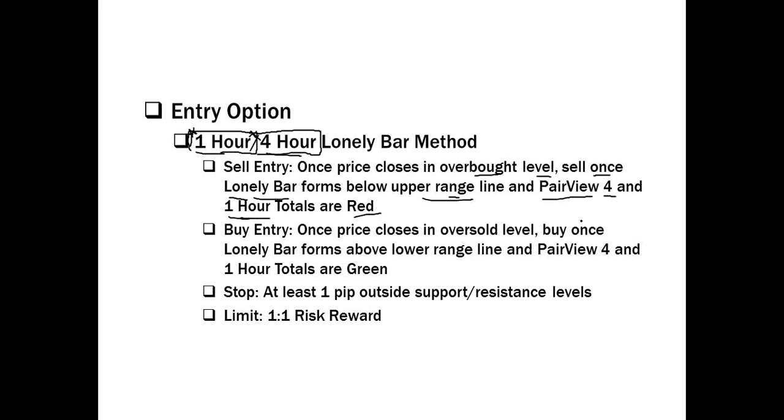For buy entries, once price closes in an oversold level, I would buy once the lonely bar forms above the lower range line, and the pair view 4 and 1 hour totals are green.